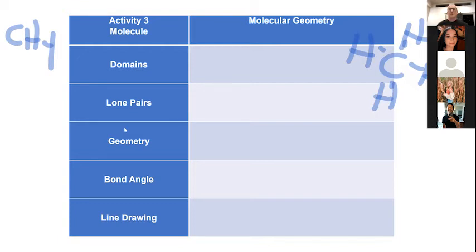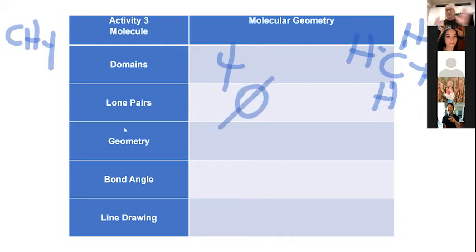How many areas of electron density are around the carbon? 4, exactly. And how many lone pairs on the carbon? None.